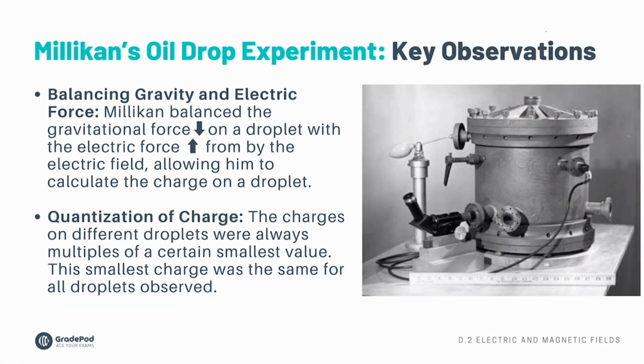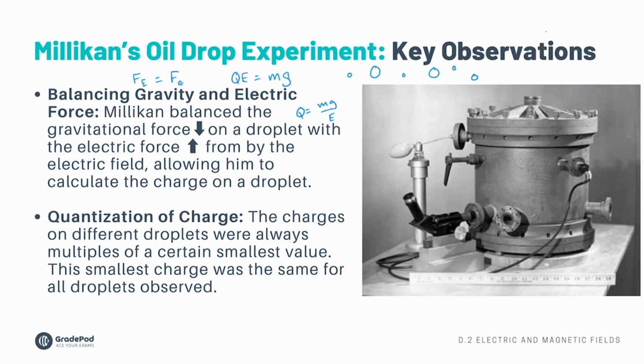And he did this, Fe equals Fg, which is QE equals mg. He did this calculation for a number of different oil drops, all different sizes, all different charges, and he completed this calculation to find out what the charge on each of those oil drops was.